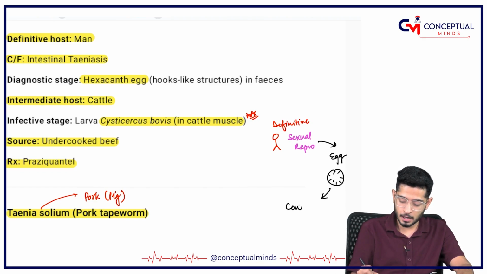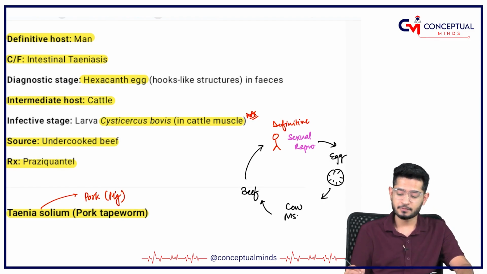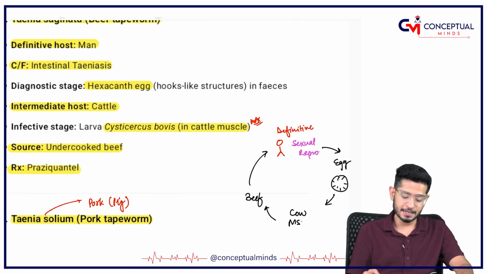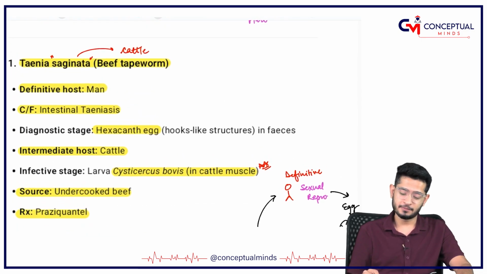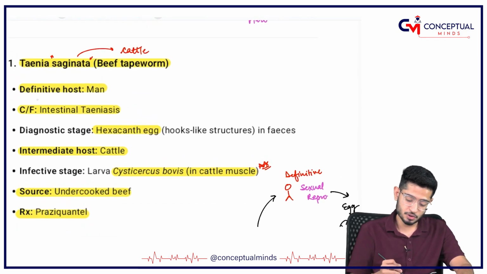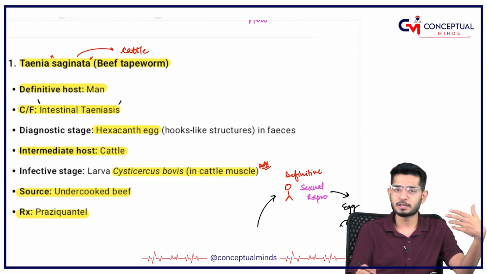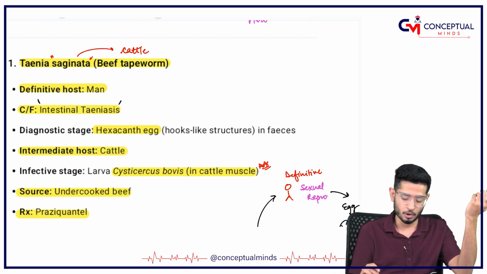It will be eaten by the cow, and the cow's muscle will have it. So when somebody eats the undercooked beef, they can get the infection, which leads to intestinal taeniasis manifestations like diarrhea, bloating, stomach pain, abdominal cramps, all these things.